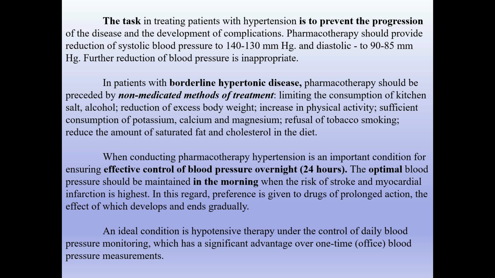In patients with borderline hypertonic disease, pharmacotherapy should be preceded by non-medicated methods of treatment: limiting the consumption of kitchen salt, alcohol, reduction of excess body weight, increase in physical activity, sufficient consumption of potassium, calcium, and magnesium, refusal of tobacco smoking, reduce the amount of saturated fat and cholesterol in the diet.